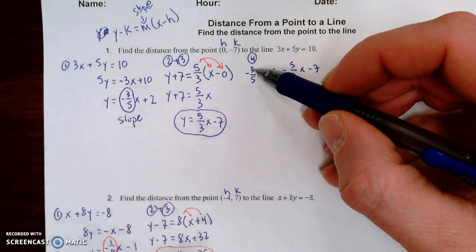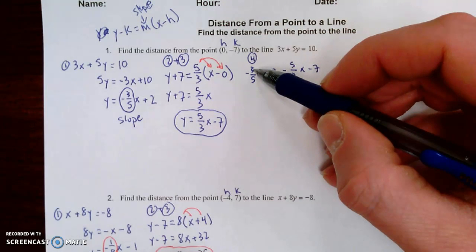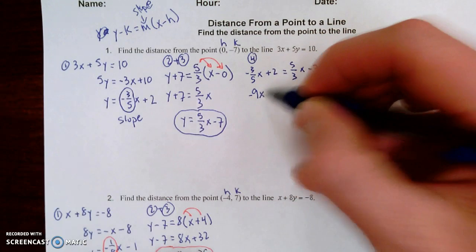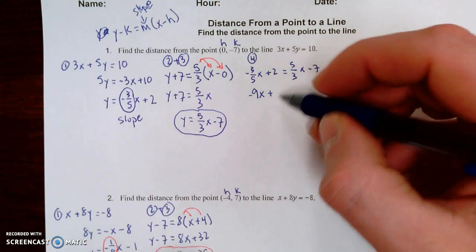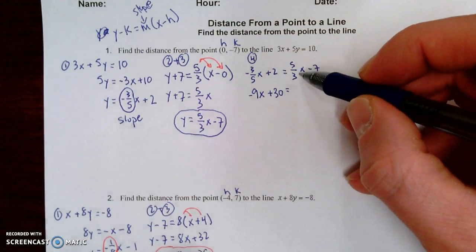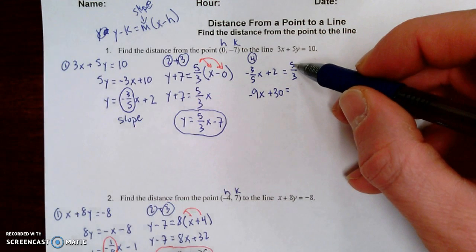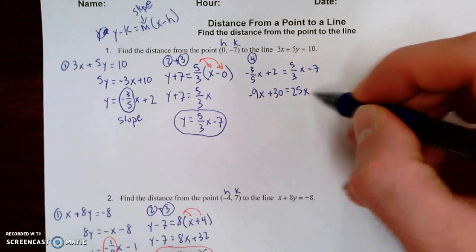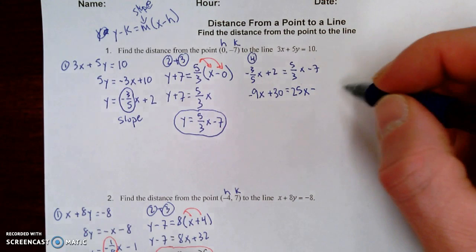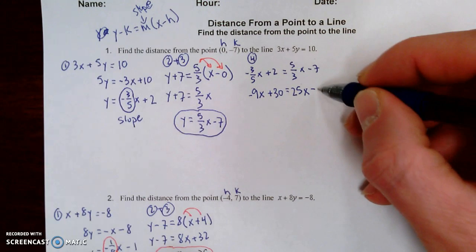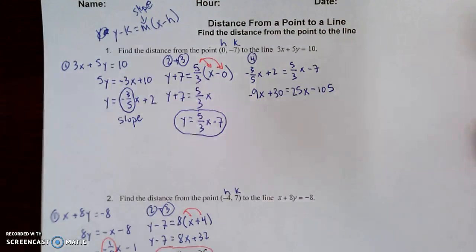So let's see. 3 times 15 is 45, divided by 5 is 9. So we get negative 9x plus 15 times 2 is 30, equals 15 times 5 is 75, divided by 3 is 25x, and 7 times 15 is 105.